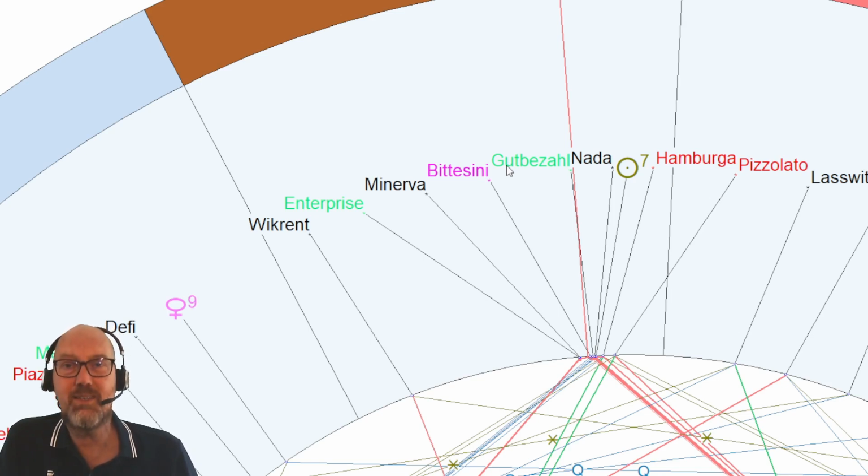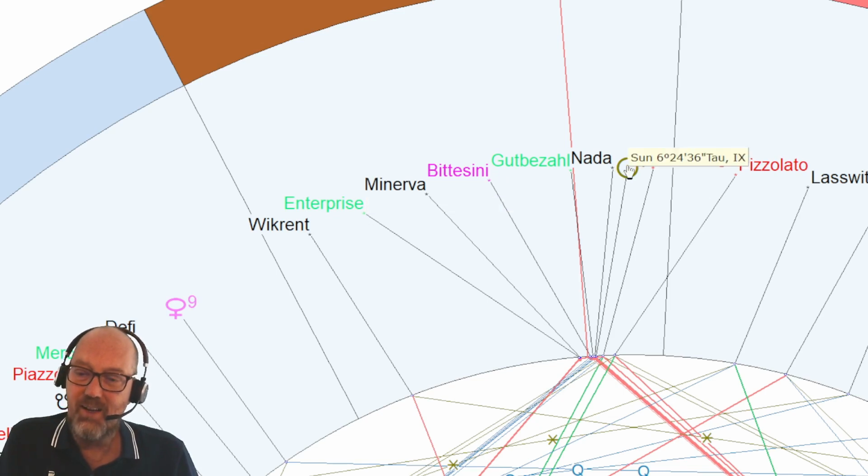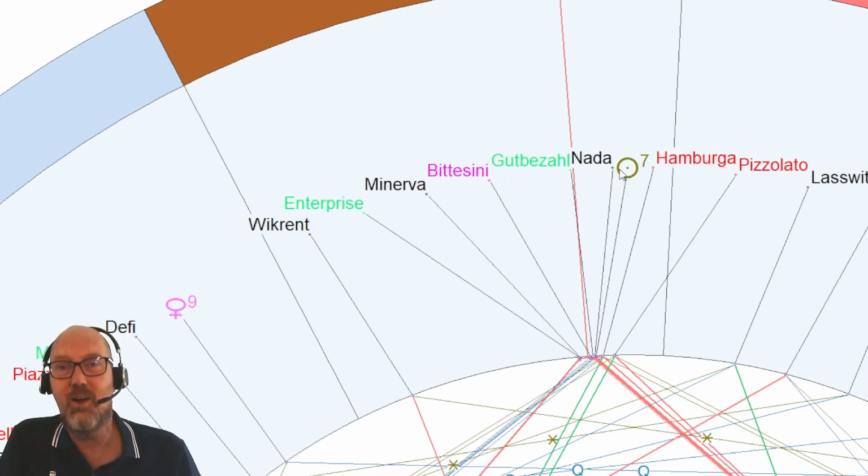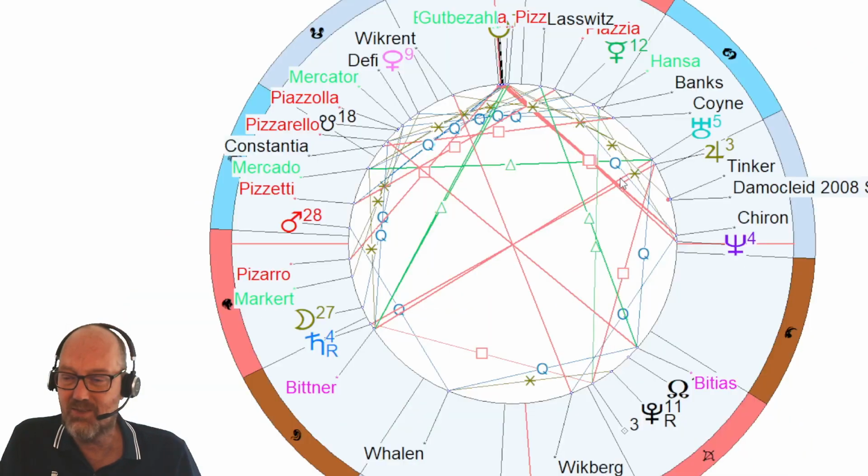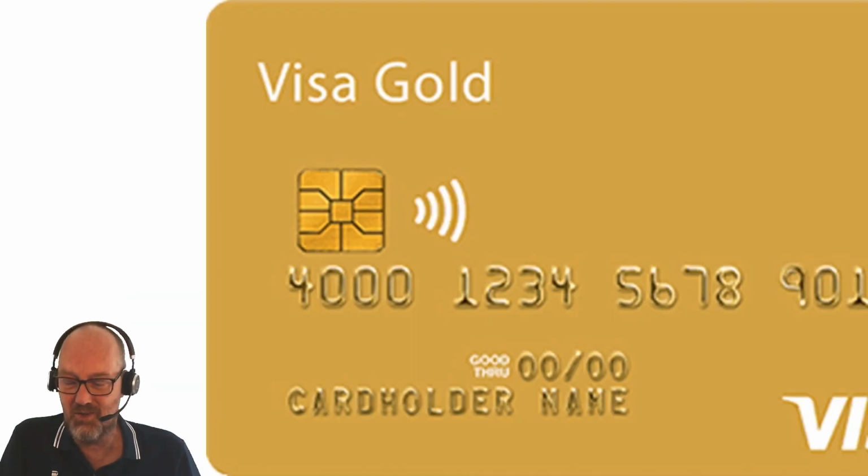A good transaction, you could put it like that. So this is so incredible. We have a proper transaction and Bittesini, and also Enterprise for that matter, together with some fast food and a pizza in the neighborhood, all around the sun. I think this is wonderful. I think this is what makes asteroid astrology a lot of fun.